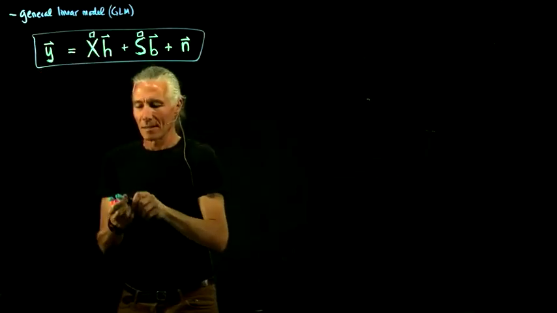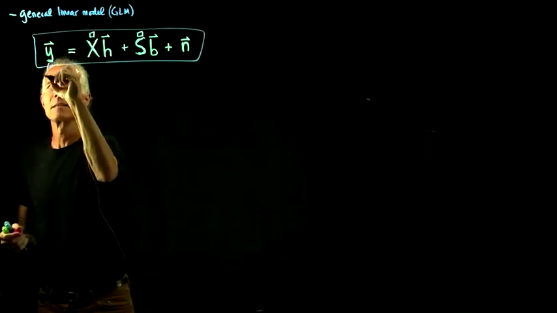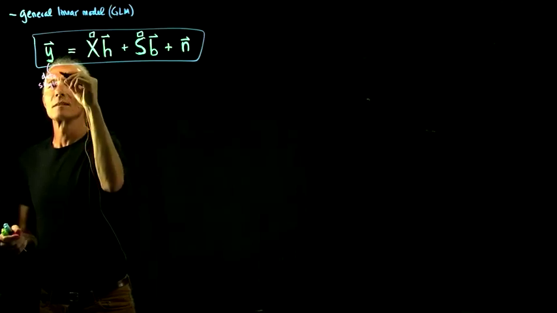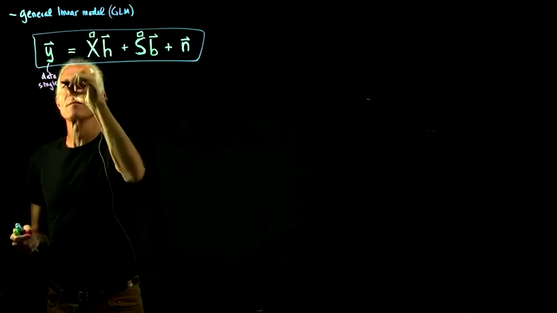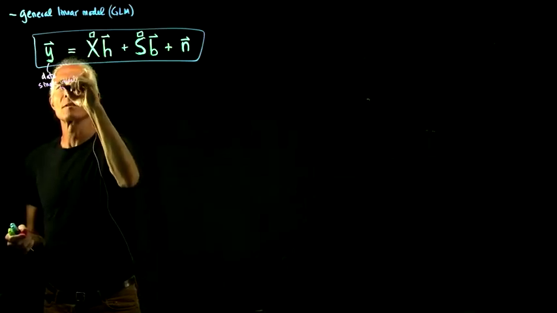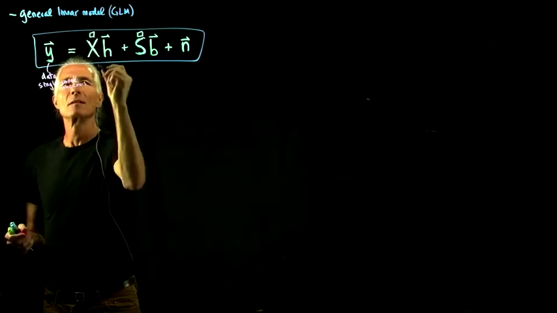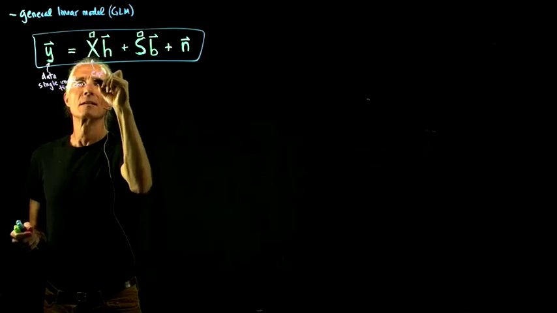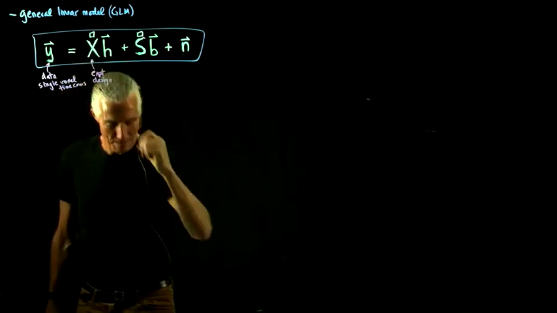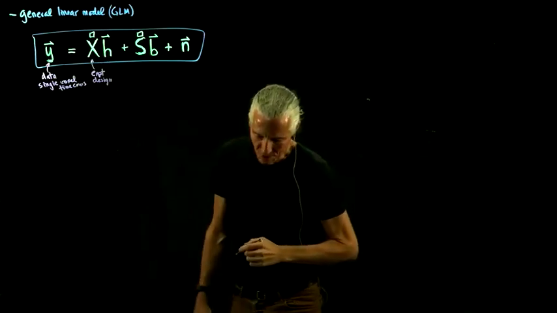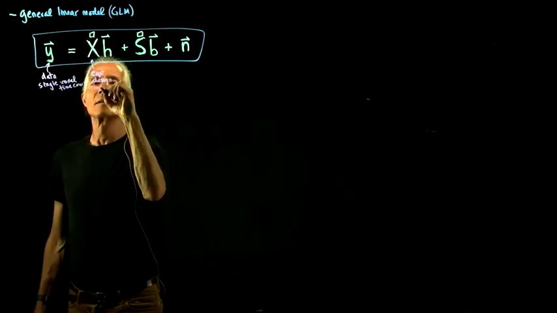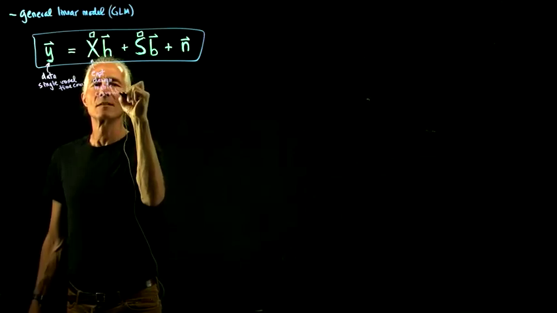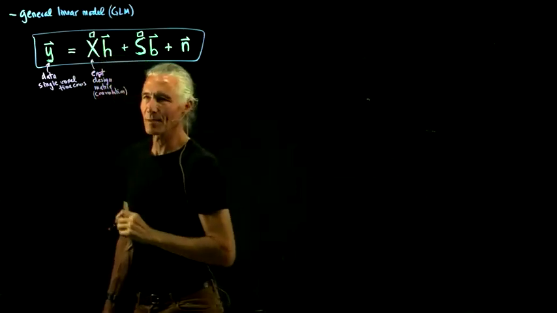So this guy is our data, and that's a single voxel time course. This guy is our experimental design, and this is basically a written out convolution, a written out discrete convolution.